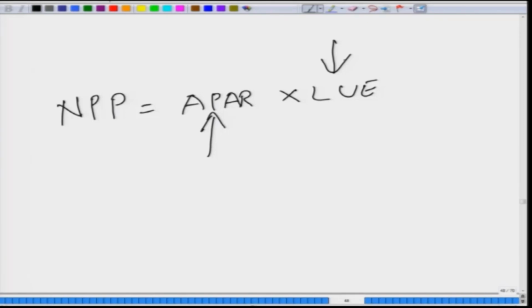Now, light use efficiency on the other hand is the efficiency of the plants to convert this absorbed photosynthetically active radiation into biomass. So, what we are saying here is that if the amount of photosynthetically active radiation present in an area is less, then the net primary productivity will be less. Or if you have enough radiation, but it is not getting absorbed, in that case also the NPP will be less.